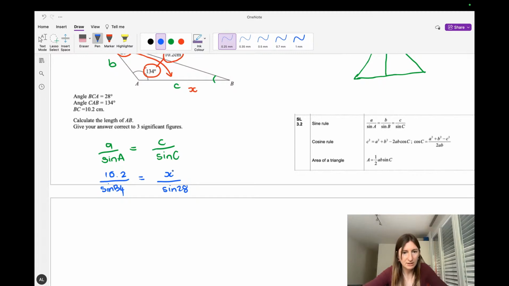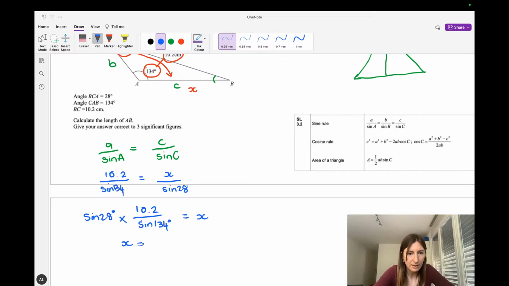So what I need to do is find X. That means I need to put that sine 28 on the other side. So I'm going to write sine 28. Remember to show all steps. You want to get all of those method marks, especially if you write something wrong or calculate something wrong and your final answer is wrong, you want to be able to have all of those method points. Equals X. Now this whole thing I can put on my calculator, but if you did that separately, make sure you don't round just yet.